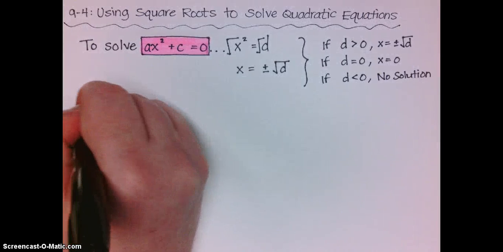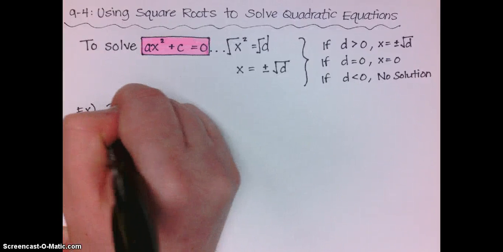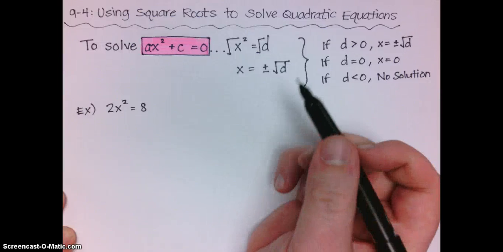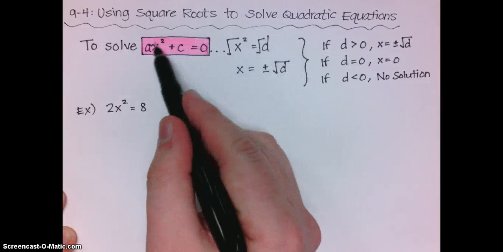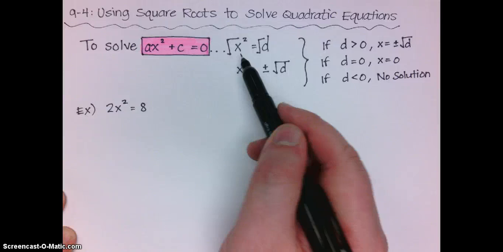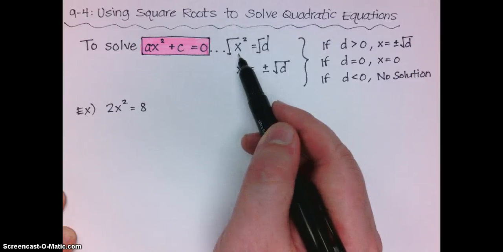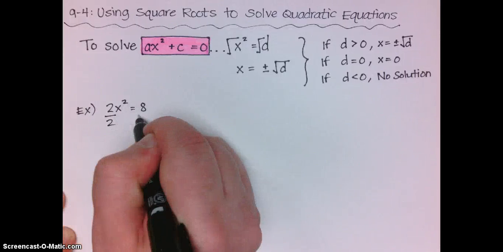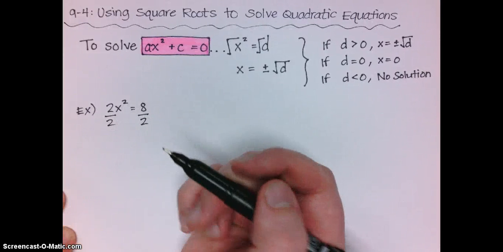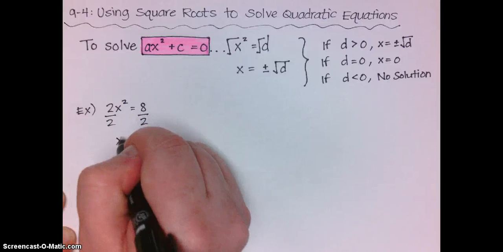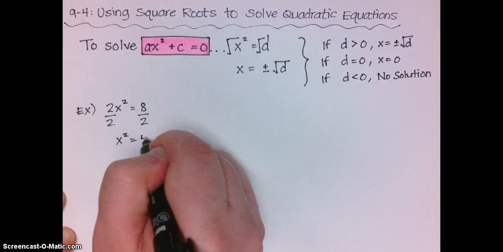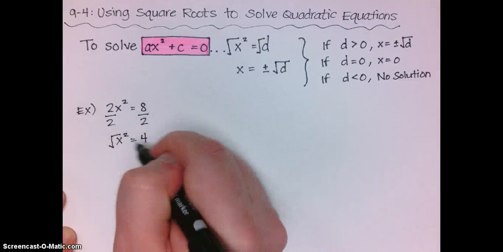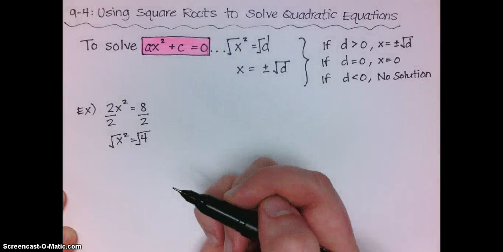So let's do some examples to really show you what this looks like. The first example is 2x squared is equal to 8. Like I said in the beginning, if you're given a quadratic equation, first you need to rewrite it so you have x squared all by itself. In this case, I simply need to divide both sides by 2, and I'm left with x squared is equal to 4. My next step is to take the square root of both sides.